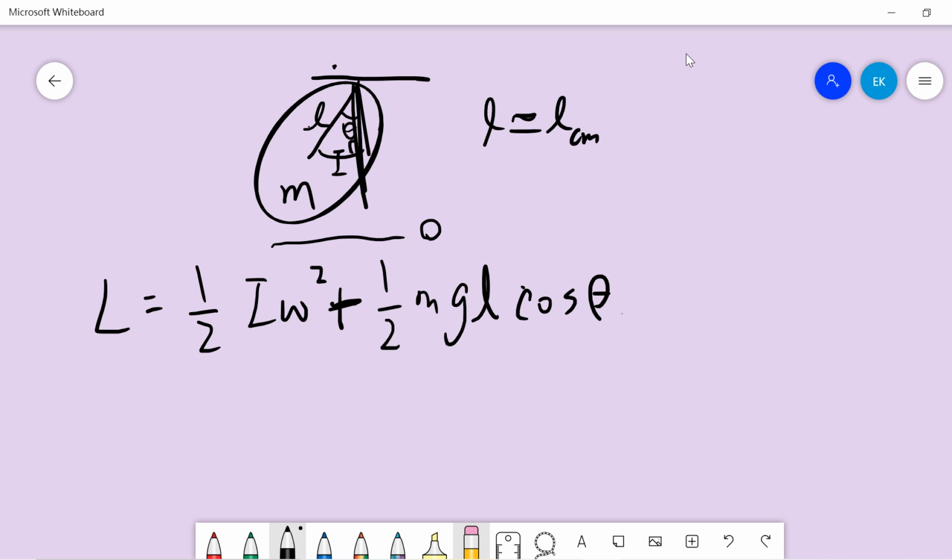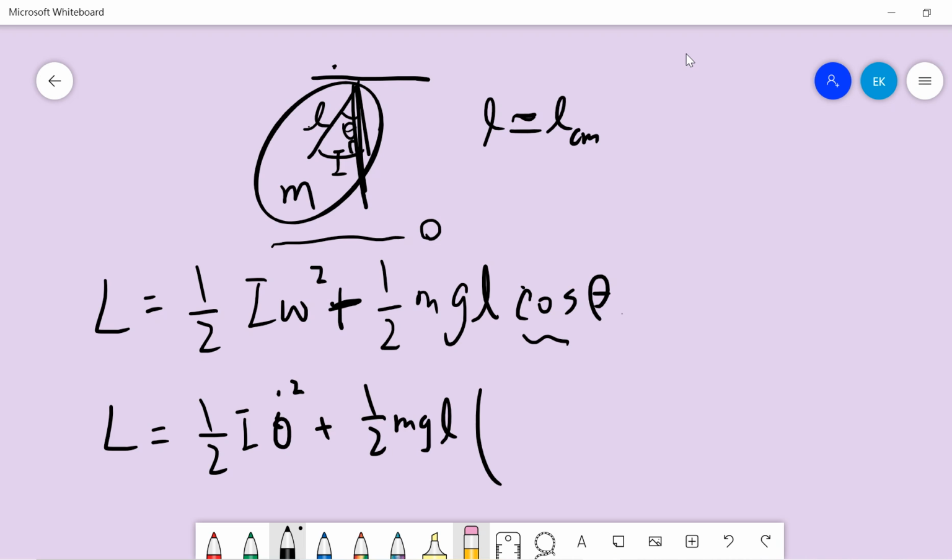Because what we ask about is the small perturbation, omega is defined from theta dot squared, and the Taylor expansion tells you that cosine theta can be approximated by 1 minus theta squared over 2.